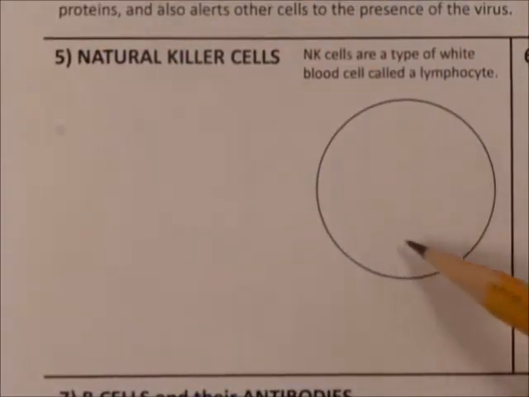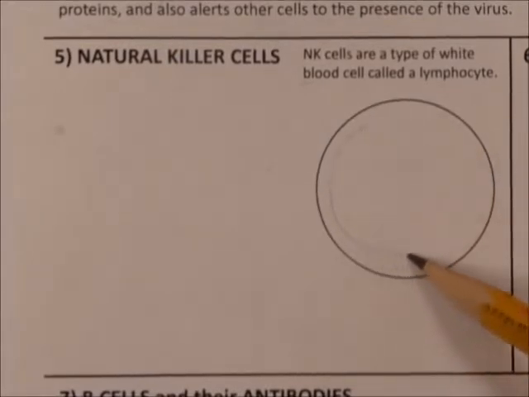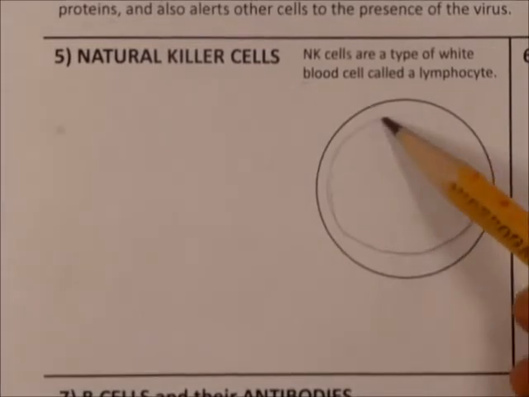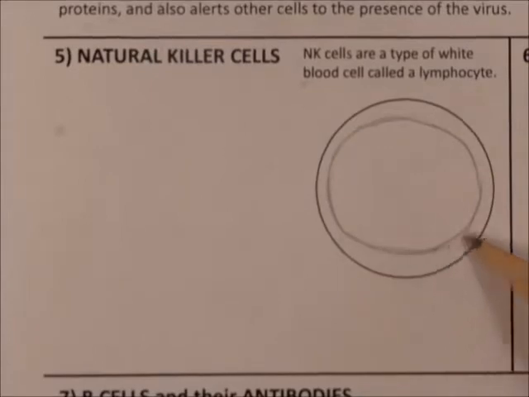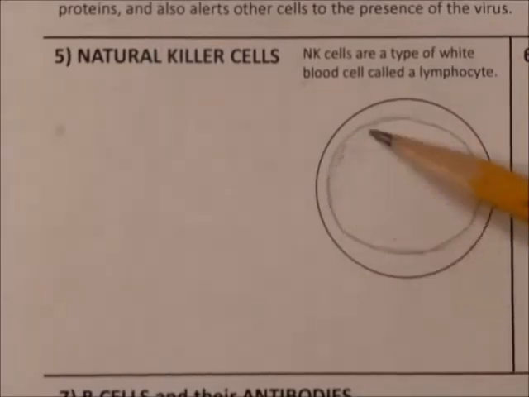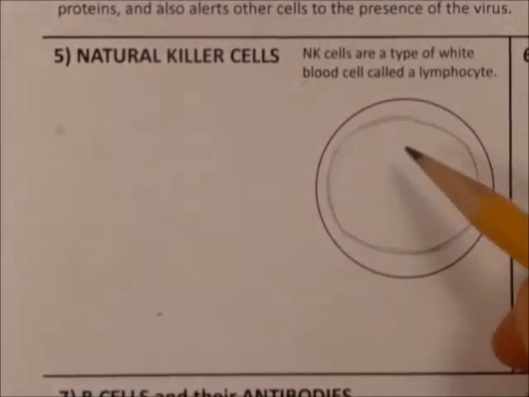So to simulate the way they look under the microscope, we can draw something like this. And I believe this is basically the nucleus. The nucleus takes up most of the cell, and it would usually be darker, but you know what? This is going to be a cartoon picture, so we're just going to leave it like that.